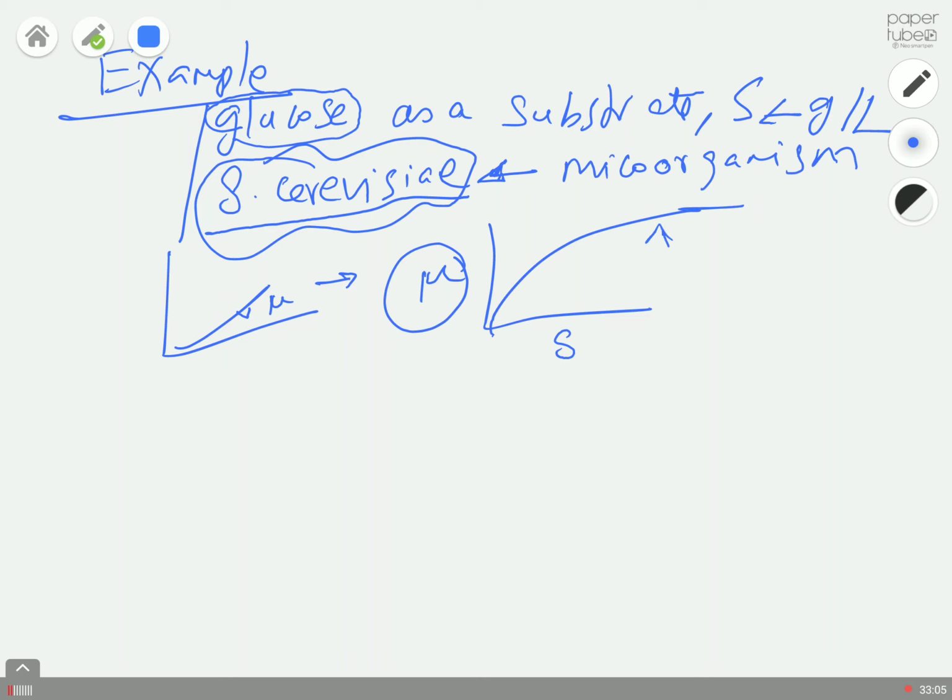Monod gave a lot of empirical expressions relevant to microbial kinetics, and that's what we are covering in these last 3 or 4 lectures, lecture 4 and lecture 5. I also solved a few more problems, and I probably need one more lecture to cover some more topics related to microbial kinetics. This is an interesting topic, and you must know it before we learn enzyme kinetics, which I'm going to cover in lecture 6.